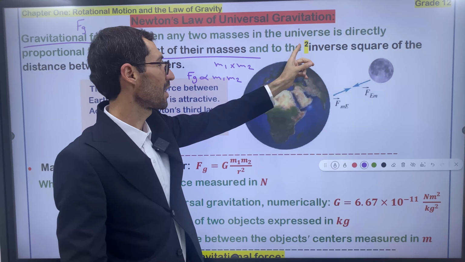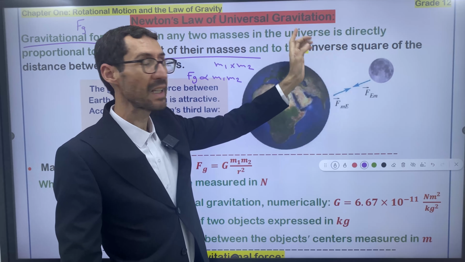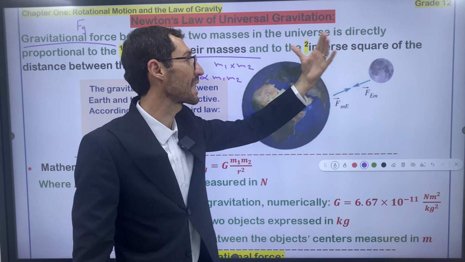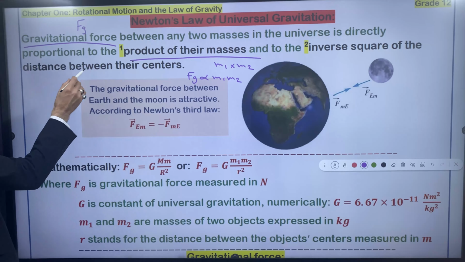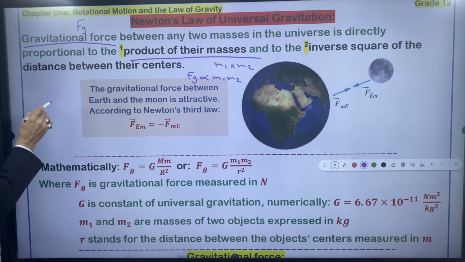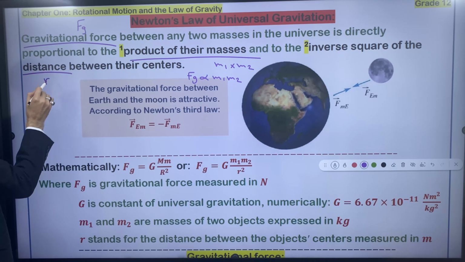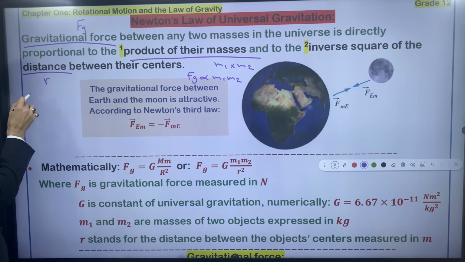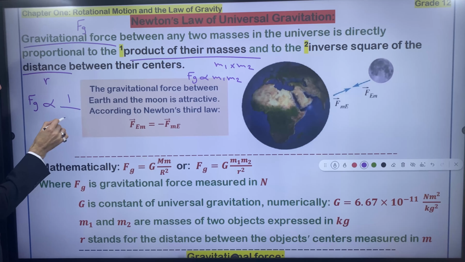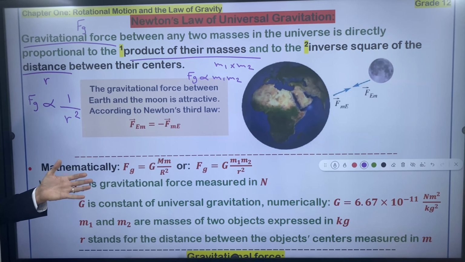The second part of this law: Fg is proportional to the inverse square of the distance between the centers of their masses. The distance between the centers of their masses, we mean r, right? So the second part says that the gravitational force is proportional to the inverse of what? The inverse of the square of the distance between the centers of the two objects.